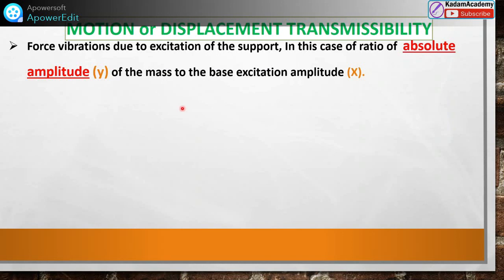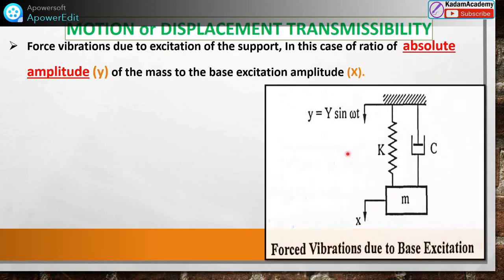Now the last point, the motion or displacement transmissibility. In the case of forced vibration due to base excitation, we have already studied the case where the base or support is not excited. When there is an excitation in the support or the base, with value y, the mass is also excited by the harmonic force, with x.